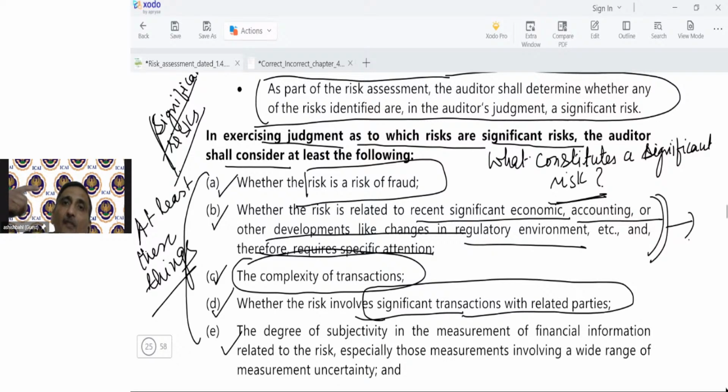Let's say if there is a risk of fraud, or a significant risk of related party transactions, or if the transactions are complex, then these things should naturally come to your mind logically.